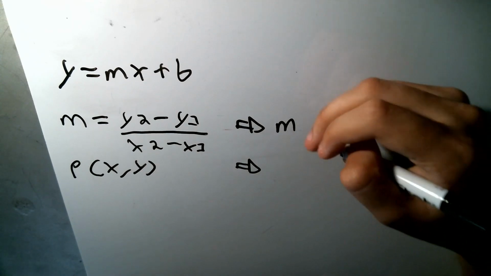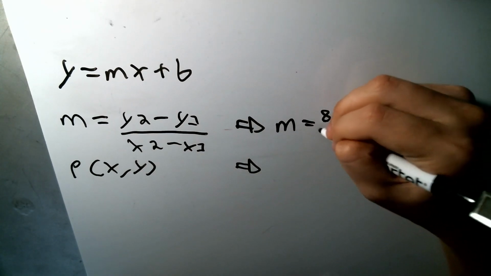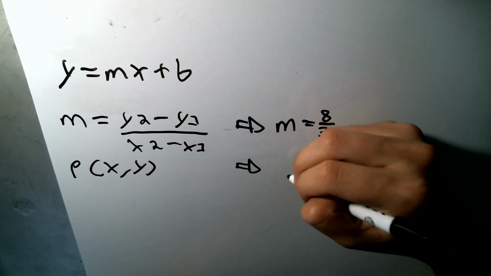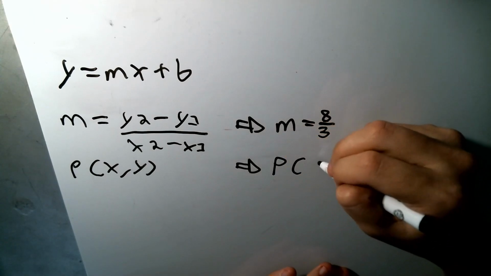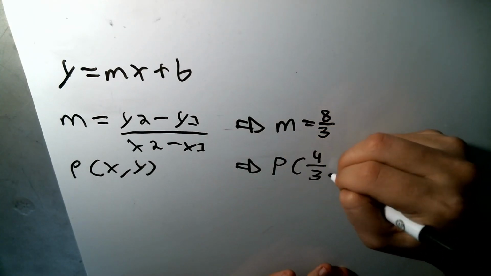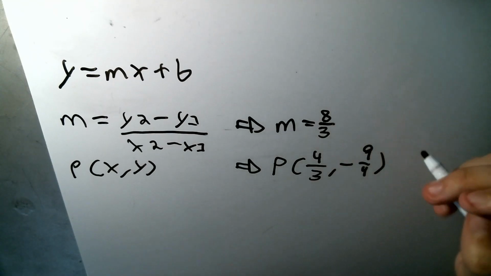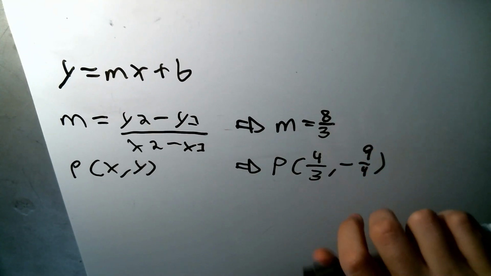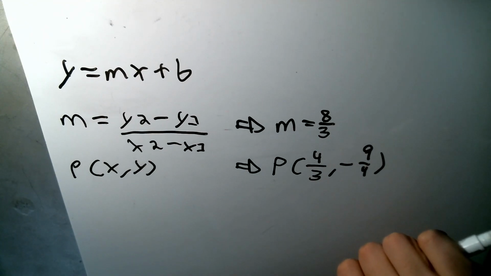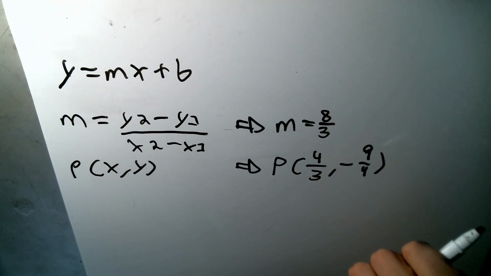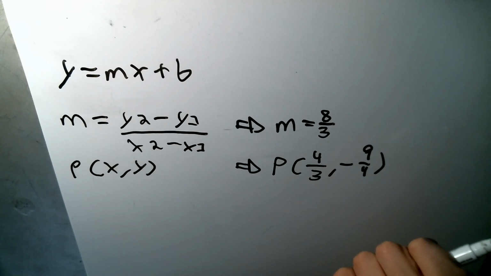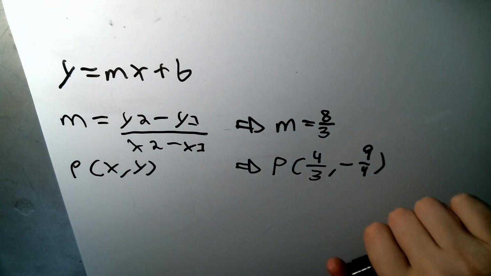So in the case of the slope, it will be 8/3, and the point will be 4/3 comma minus 9/4. Now with this information we can calculate the equation of the line in slope-intercept form.